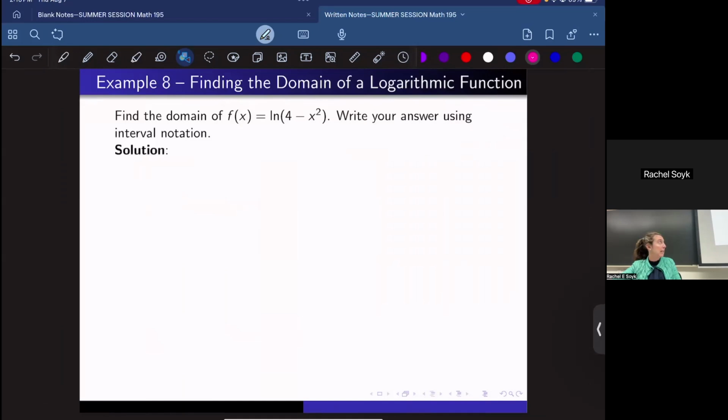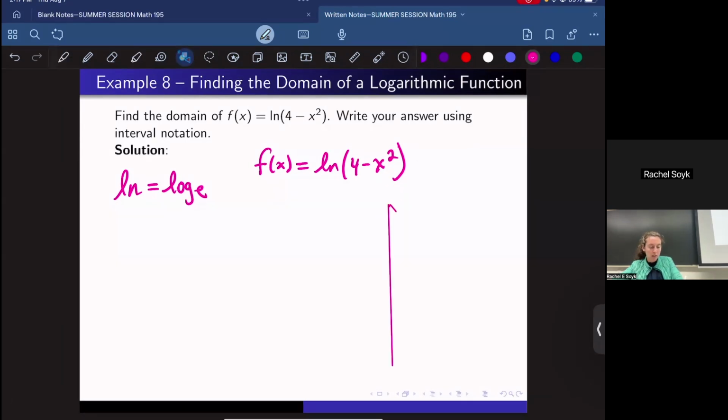Now we're going to look at example 8, where we're now dealing with natural logs. Again, natural logs is just log base e. And so our function f of x here is the natural log of 4 minus x squared. And we want to find the domain using interval notation. So again, because we're dealing with the natural log, I'm going to sketch it out.